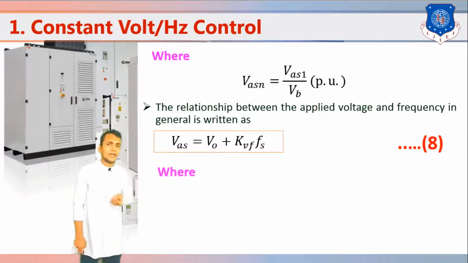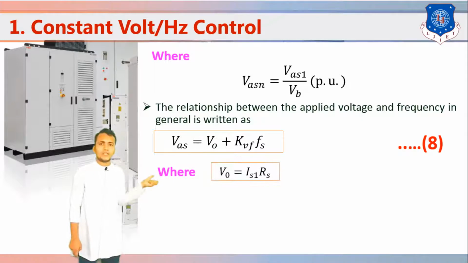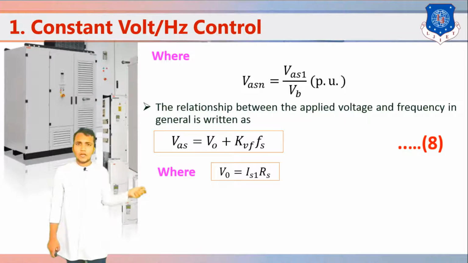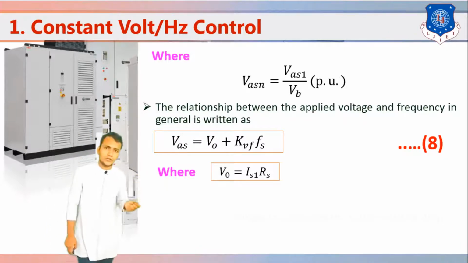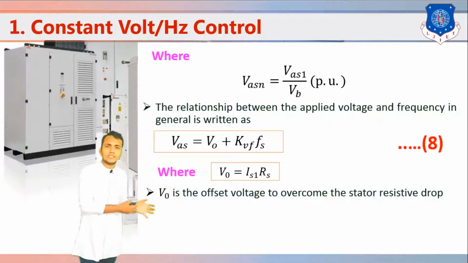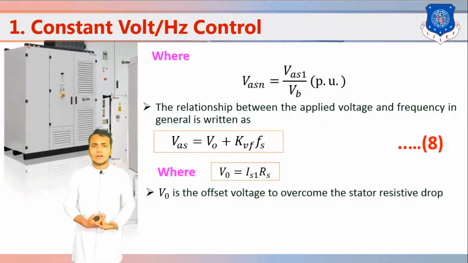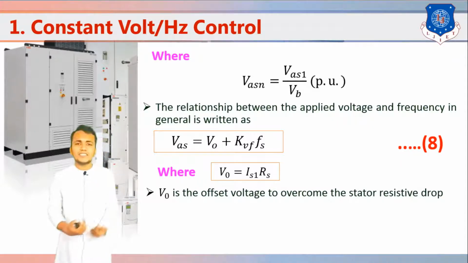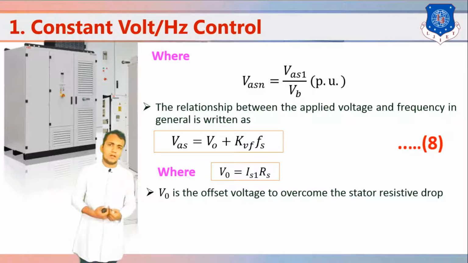That is equation number 8, where V0 is equal to Is1 into Rs. V0 is the offset voltage to overcome the stator resistive drop.